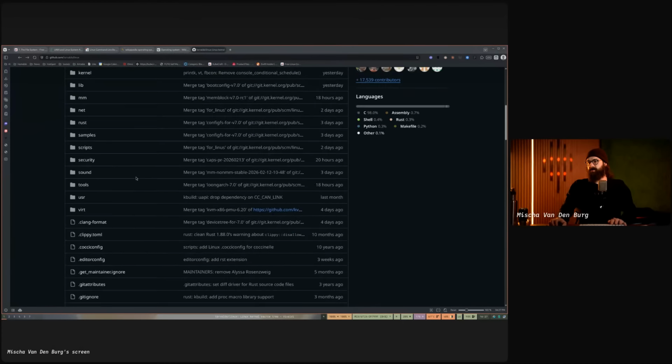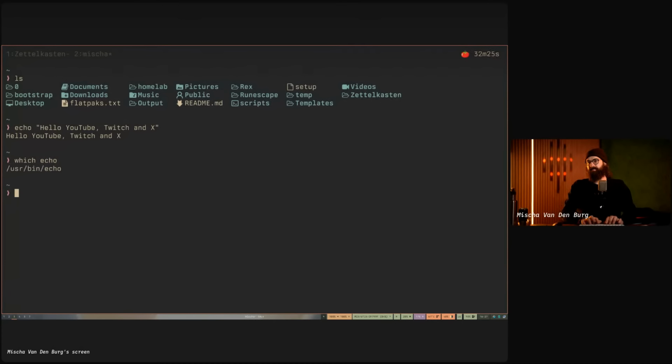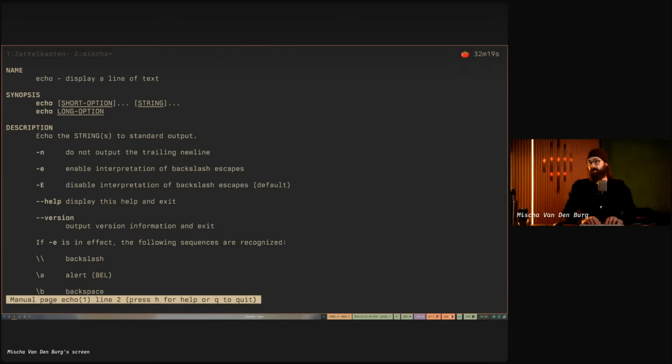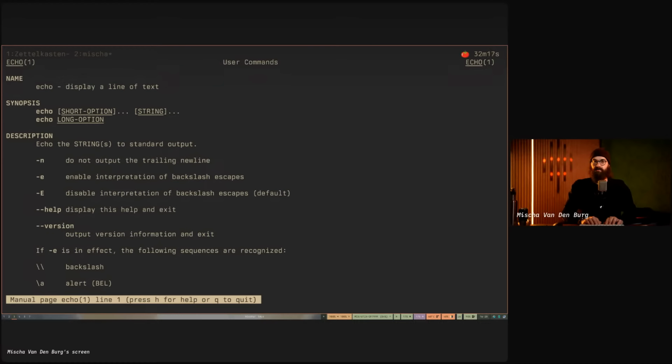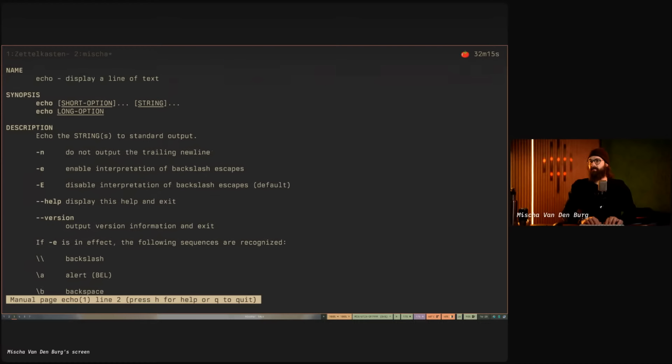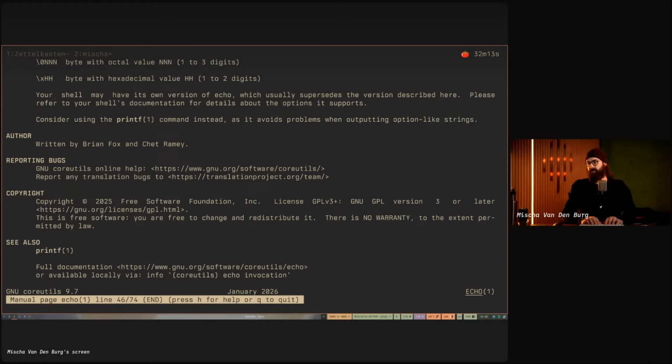No, echo is actually... which echo? Which echo is a binary. It's the GNU/Linux binary. So man echo. Actually, yeah, here we go. This is how we find the information, guys. We read the man page, and actually for echo we see in the man page that it is part of the GNU core utils.